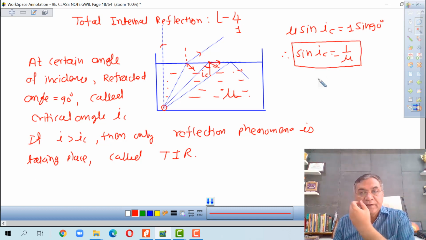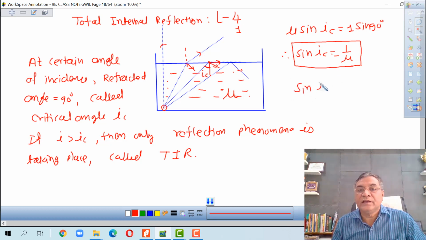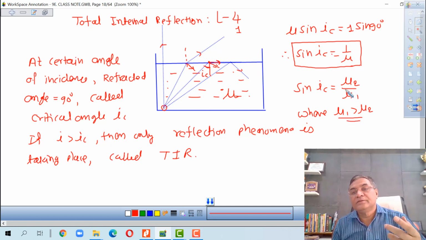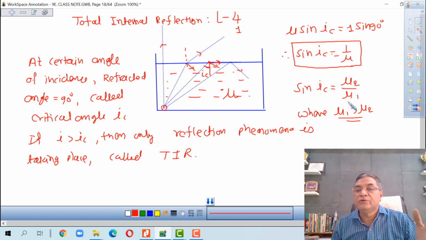If outside is air, and jo air now hoy, then it is sin IC is equal to outside refractive index, I say mu 2 upon mu 1, where mu 1 is greater than mu 2. Why? If this is not there, then this value will be greater than 1, and so we know that sin has maximum value possible is 1.